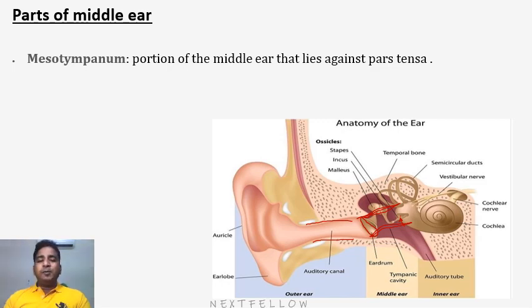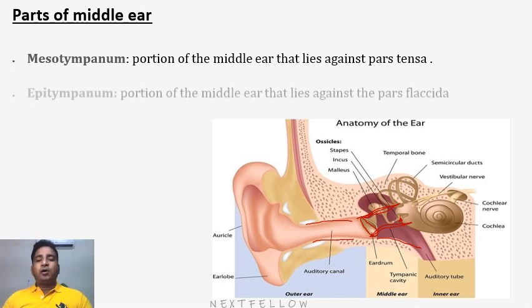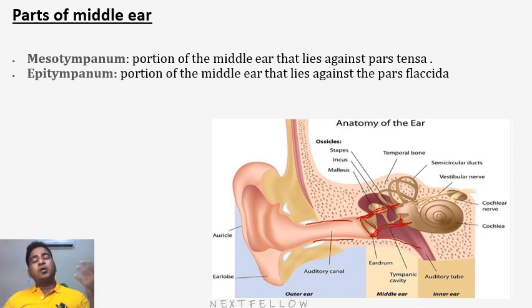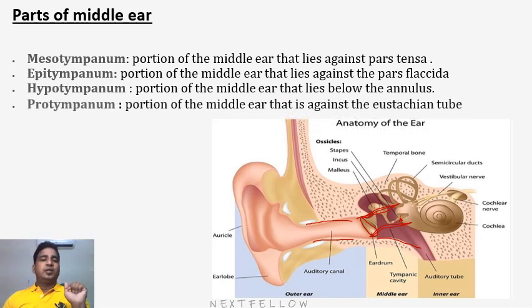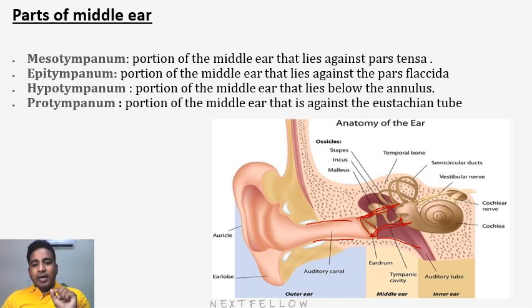Then comes the hypotympanum. That is the part below the mesotympanum. And one more part is the protympanum. Protympanum is the part of the middle ear which is opposite or at the eustachian tube side. So these are the four parts.